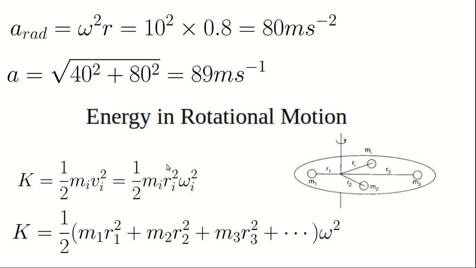Summing all of them, with i being 1, 2, 3 and so on, what we notice is that omega is common to all of them. They rotate at the same angular velocity, so we can factorize that out and leave this part here.